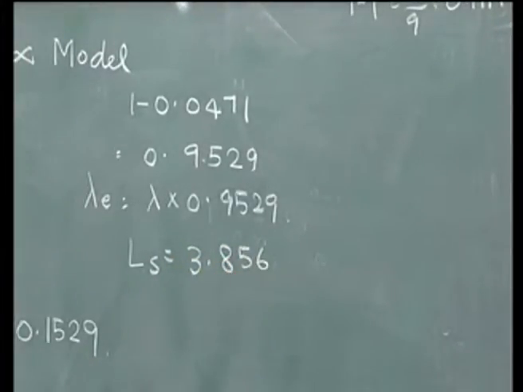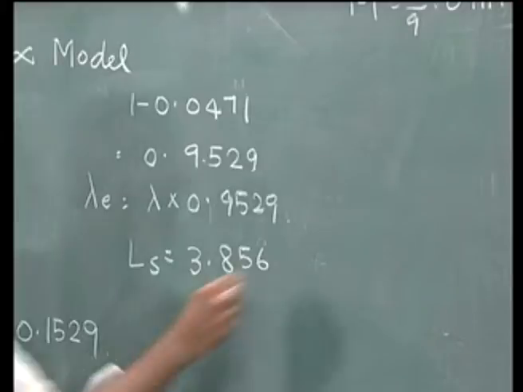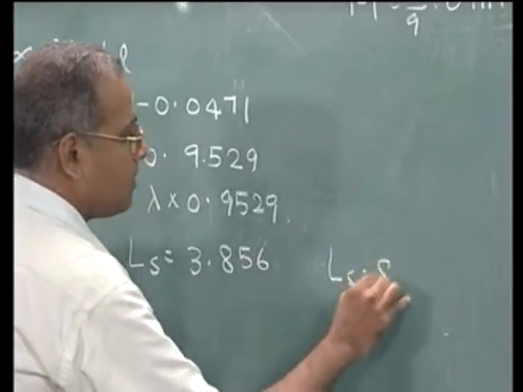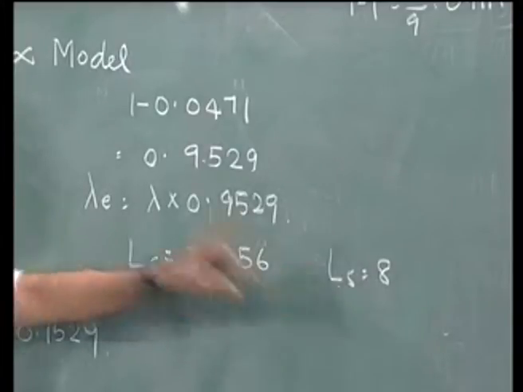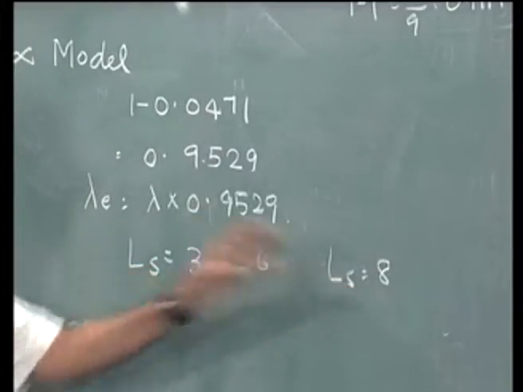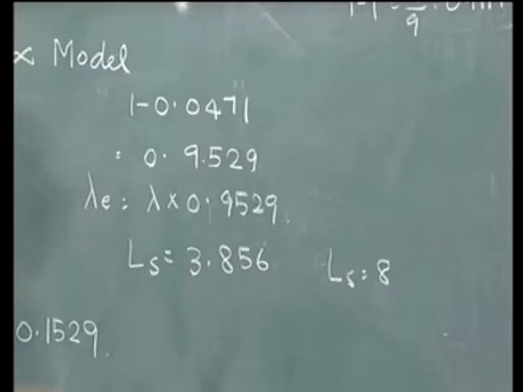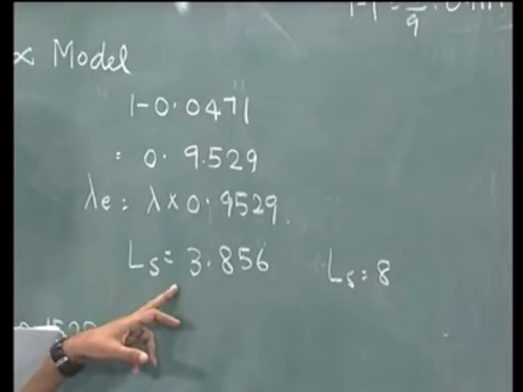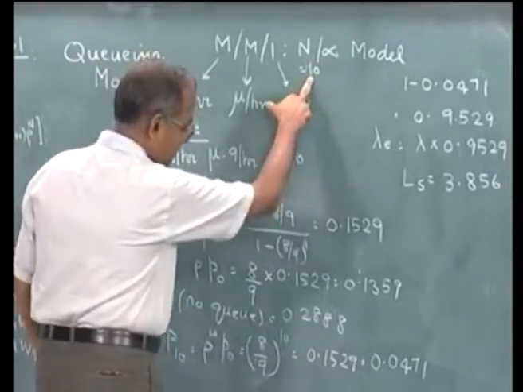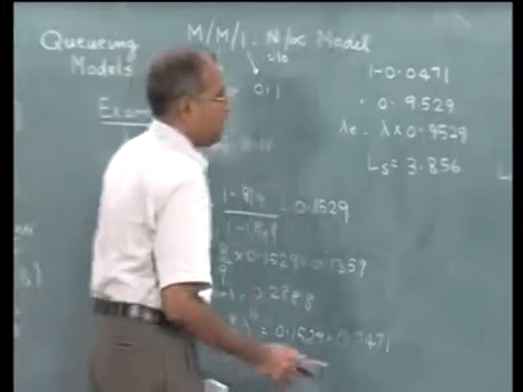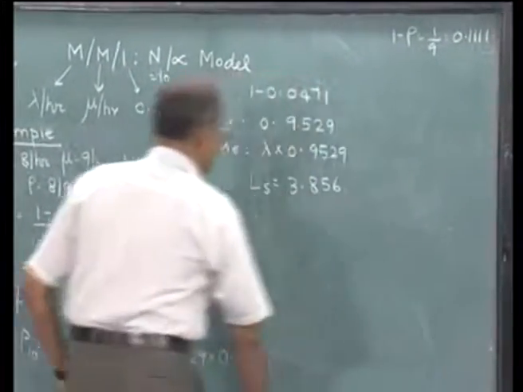So, number of people in the system now is 3.856, and in the earlier example we had Ls equal to 8. The expected number in the system in the earlier model when N is infinity was 8. Now, with a lot of people leaving the system, Ls comes down to 3.856 when we put a restriction that a maximum of 10 people will be there in this system.